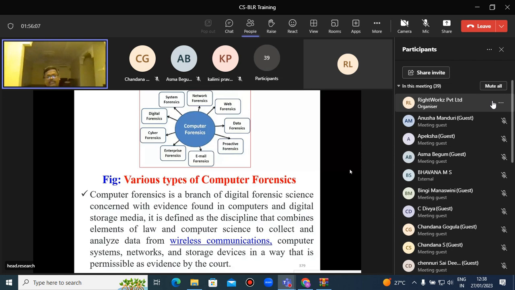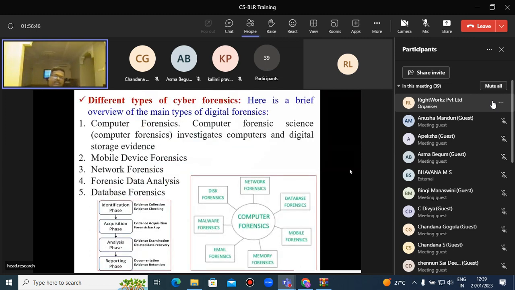It is the discipline that combines elements of law and computer science to collect and analyze data from wireless communications, computer systems, networks and storage devices in a way that is permissible as evidence in court. Without any physical or electronic device proof, even the court cannot proceed.